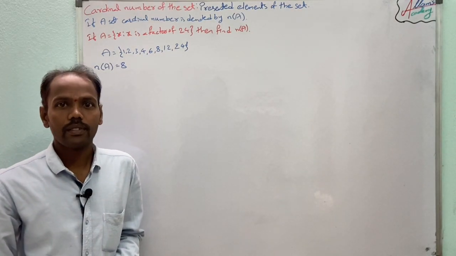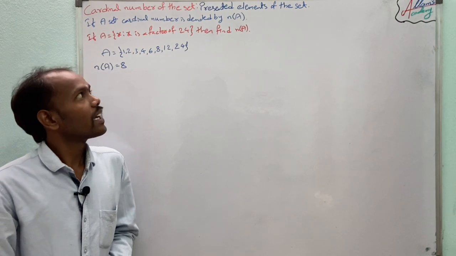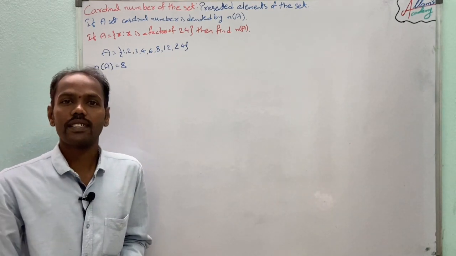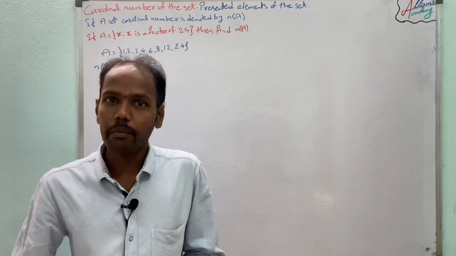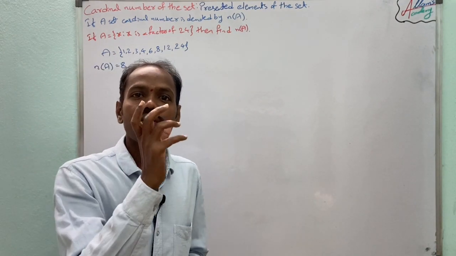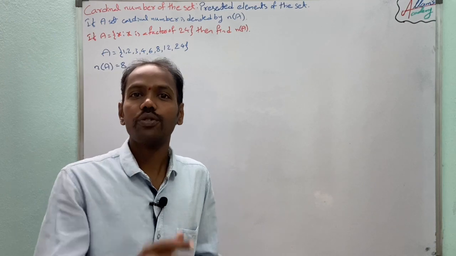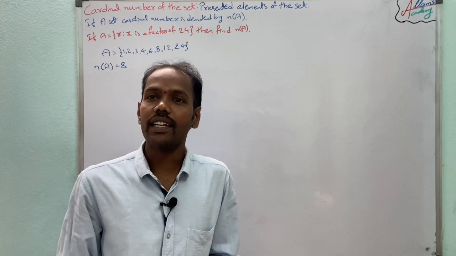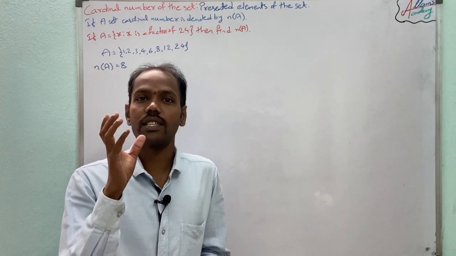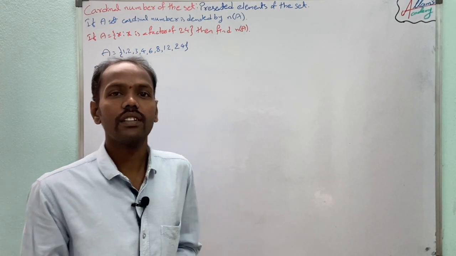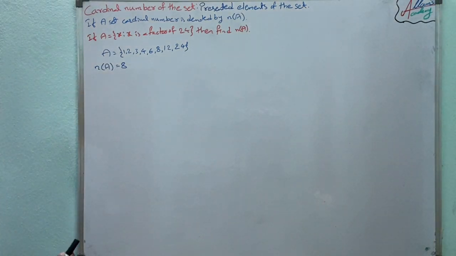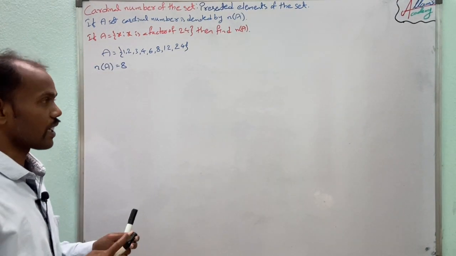Now we see a relationship using the cardinal numbers of two sets, where the two sets have a union and an intersection. What is the relationship? That is what we observe now.